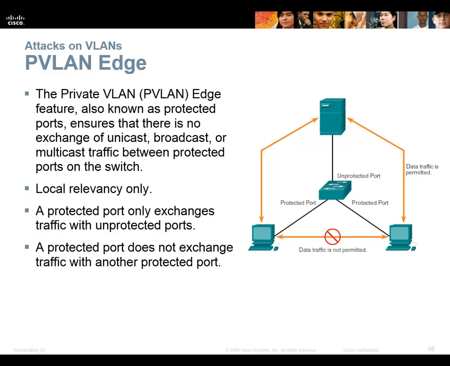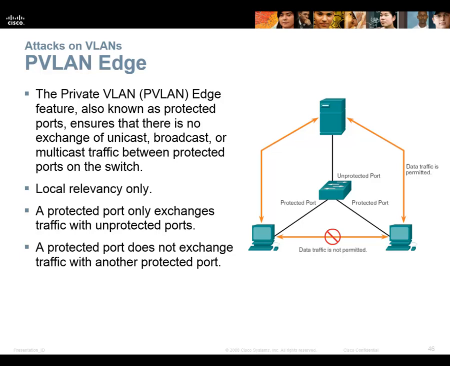So you have one other thing known as a private VLAN. And this is a protected port type of thing that ensures there is no exchange of unicast, broadcast, or multicast traffic between protected ports on a switch. Basically, if you turn this on, then no port is able to broadcast anything to any other port.